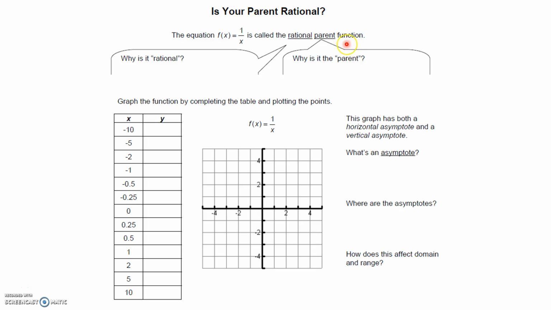First off, we want to establish what it means to be a rational function. Notice where the x is. First of all, we have 1 over x, which makes this a fraction. We have a numerator and we have a denominator, and specifically in the denominator is where the x is located.